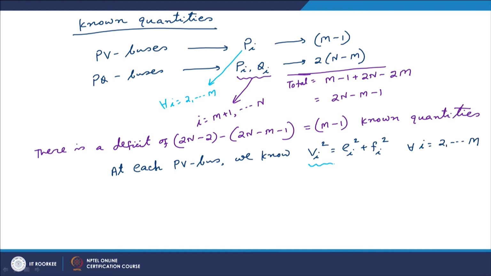So, from here we get m minus 1 extra equations which are required.